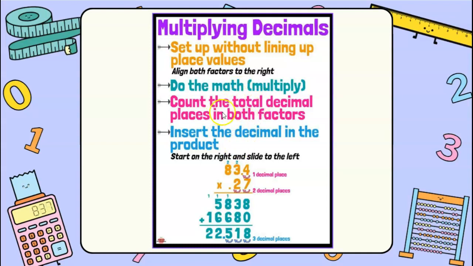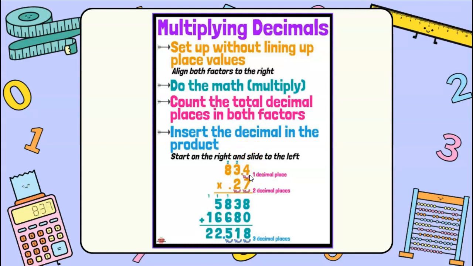We're going to count the total of decimal places in both factors, and then we're going to insert the decimal in the product. So if we look down here, we can see that we've stacked both of our factors. Even though our decimal points are not lined up, I'm just going to line up the farthest right place value. I multiply out, I add, and then I count the total decimal places in both factors.